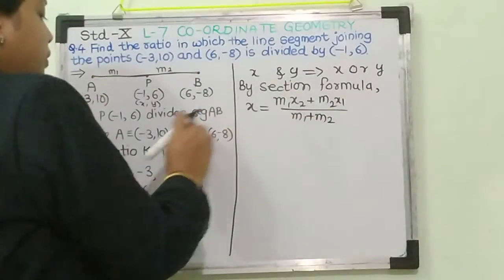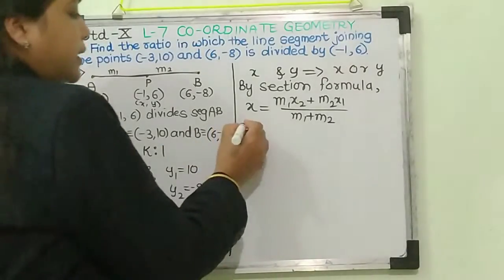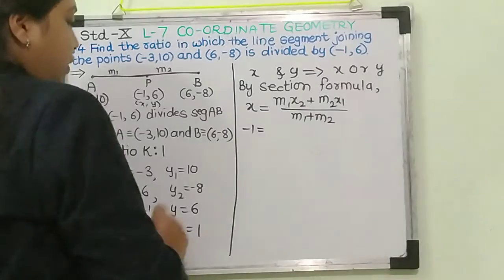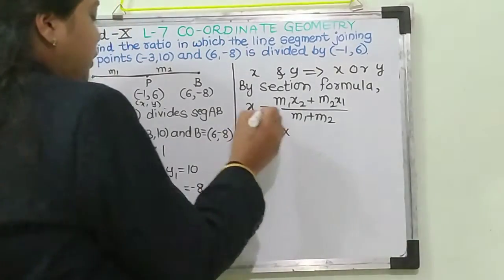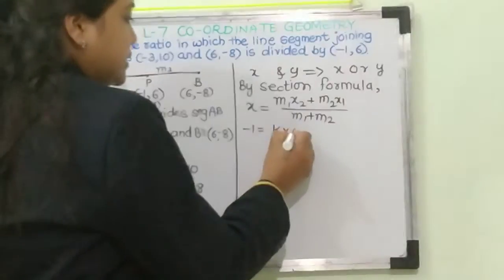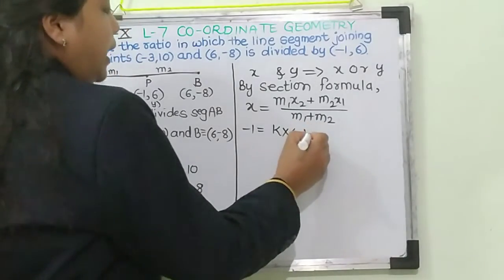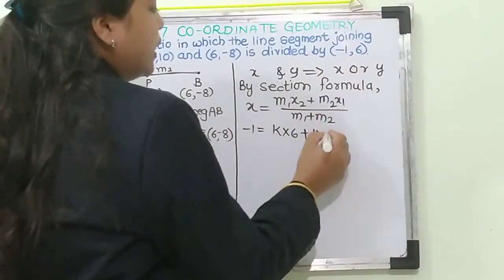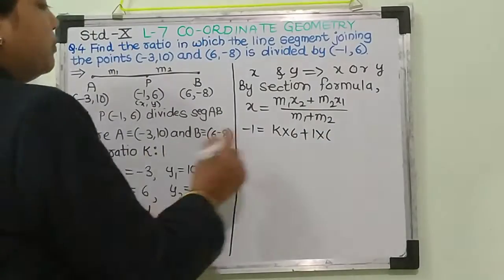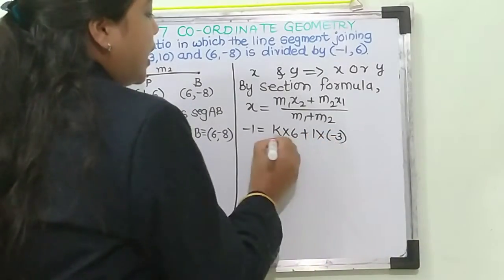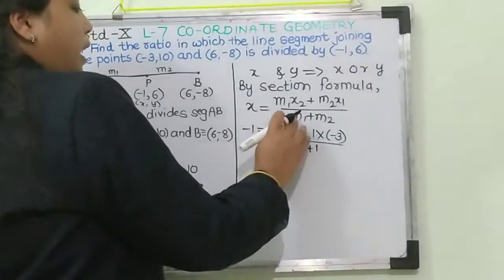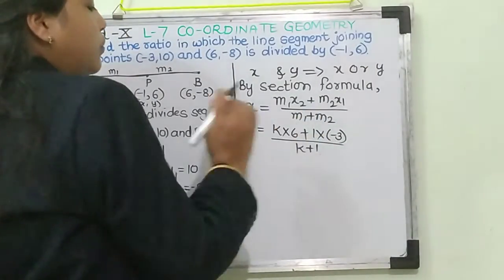So here I know the value of x, that is minus 1. m1, that is the value k, into x2, that is 6, plus m2, we know that it is 1, into x1, that is minus 3, upon k plus 1, with m1 as k and m2 as 1.